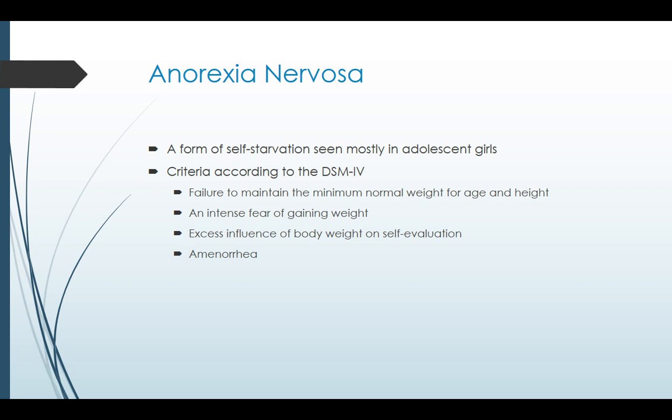Mealtimes are a battleground. Body image becomes increasingly disturbed. A lack of self-identity. Treatment may require hospitalization, correcting electrolyte imbalance, establishing minimum restoration of nutrients, stabilizing the weight, individual and family therapy, and medication. Okay.